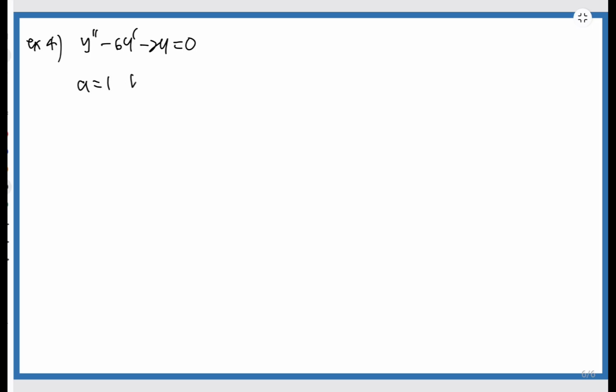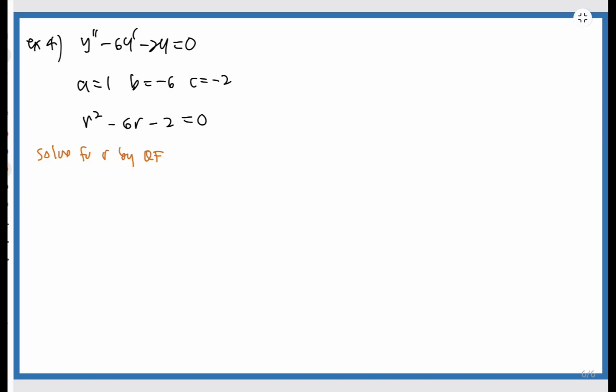So a equals 1, b equals negative 6, c equals negative 2. The characteristic equation is r squared minus 6r minus 2 equals 0. It's obvious that this is non-factorable, so we can solve for r by quadratic formula.